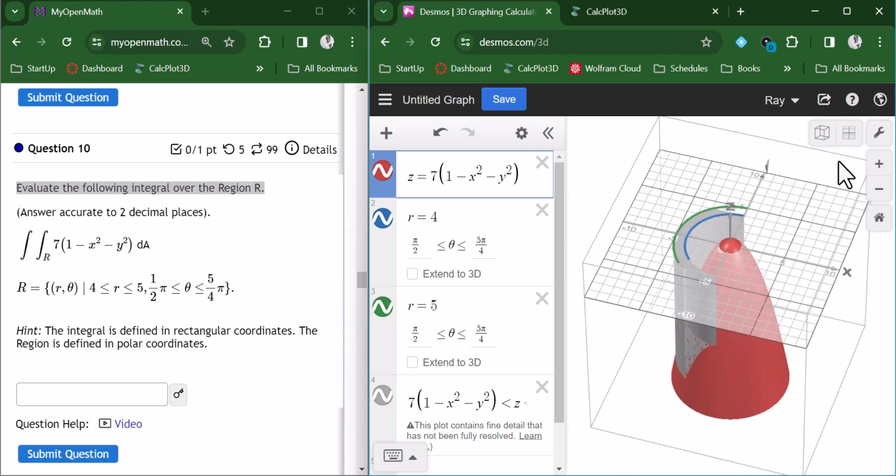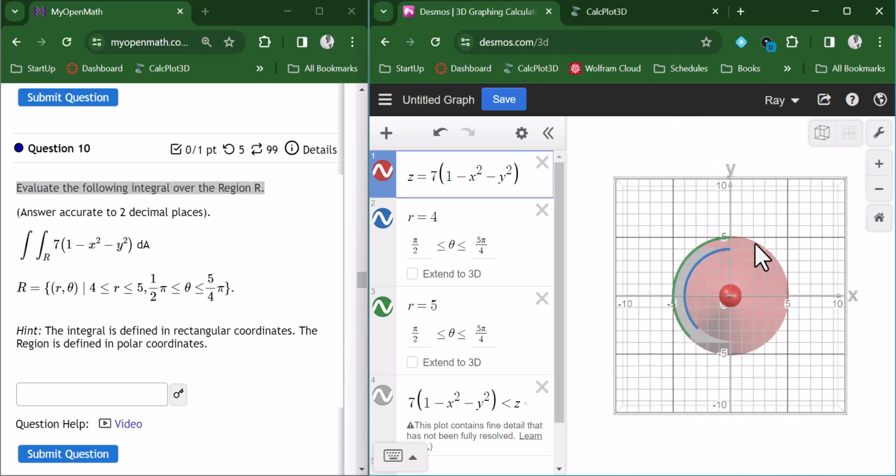All right, just to give you the details of this, the surface itself is the function z equals 7 times 1 minus x squared minus y squared. We have r equals 4 and r equals 5 as the polar coordinate pieces of a circle centered at the origin.